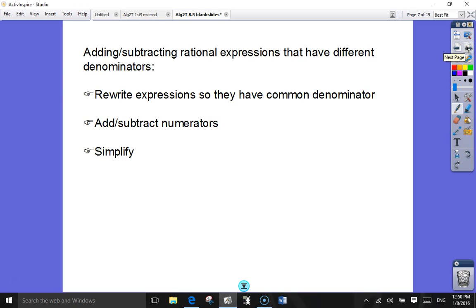Okay, if they don't have the same denominators, then you have to find a common denominator.